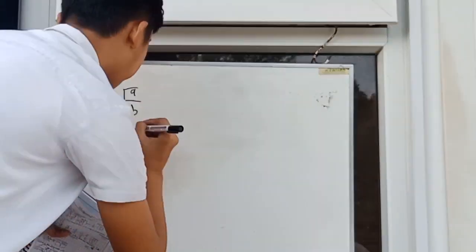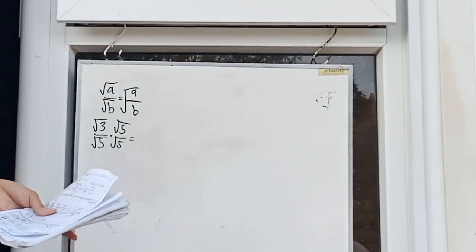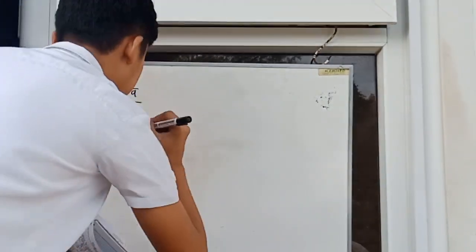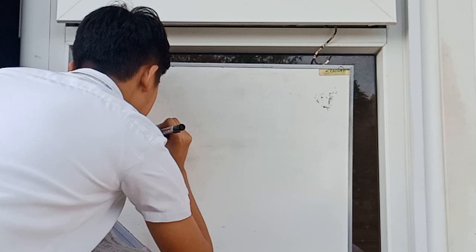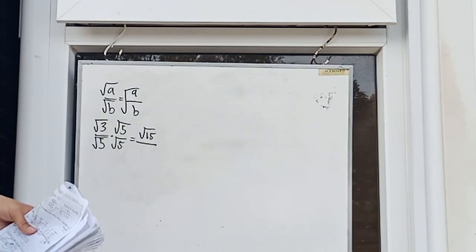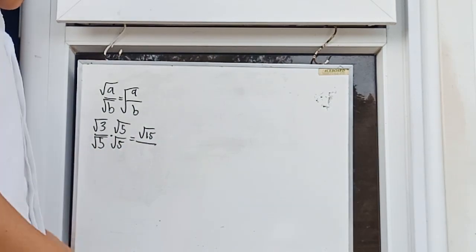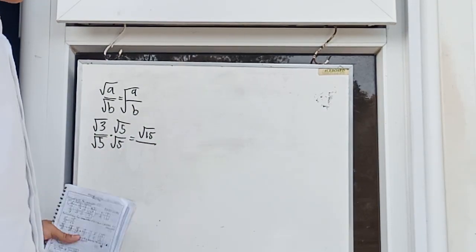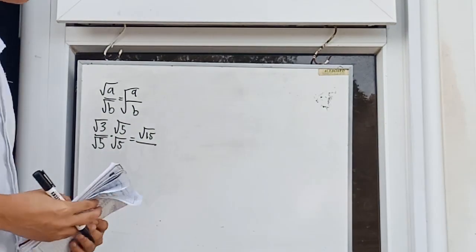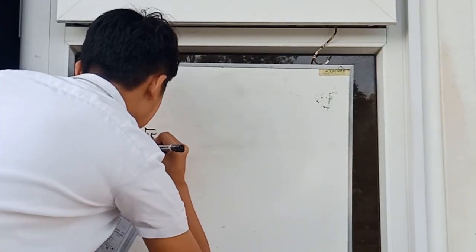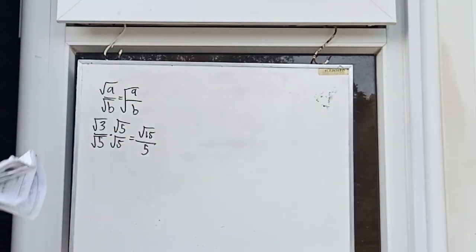So after that, 3 times 5 is 15, so we put square root of 15. If it's not a perfect square, just leave it as is. And 5 times 5 is 25, and the square root of 25 is 5. It's just as simple as that.